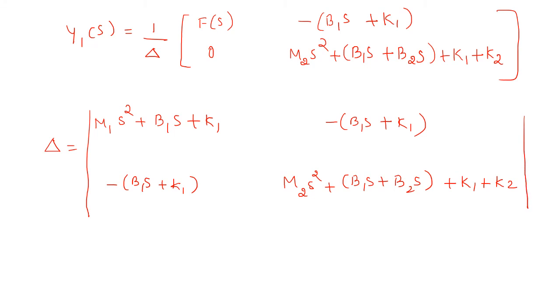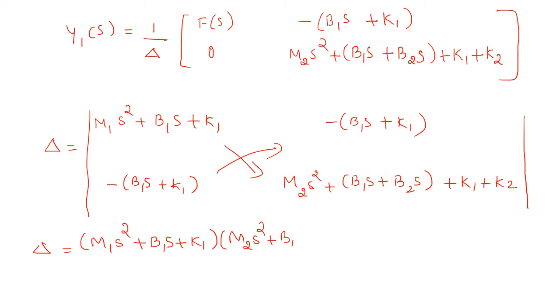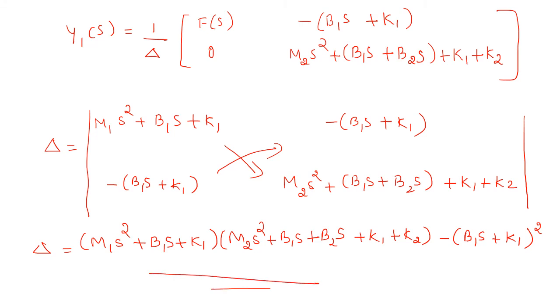We find the determinant, which is M1 s square plus B1 s plus K1 into M2 s square plus B1 s plus B2 s plus K1 plus K2, minus B1 s plus K1 the whole square. This is the determinant delta.